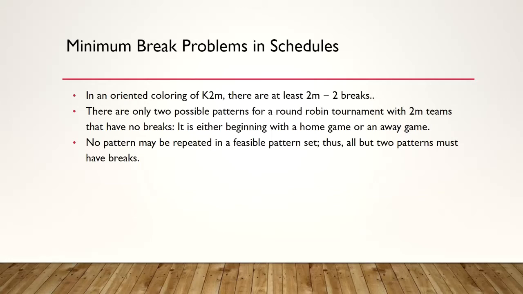There are two possible patterns for a round robin tournament with 2M teams that have no breaks. It's either beginning with a home game or an away game. No pattern may be repeated in a feasible pattern set, thus all other patterns must have breaks.